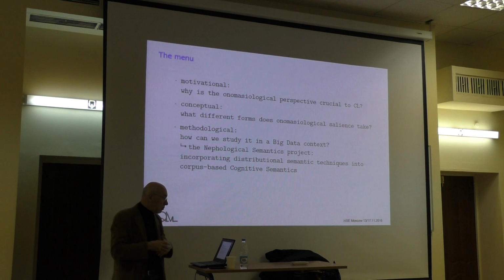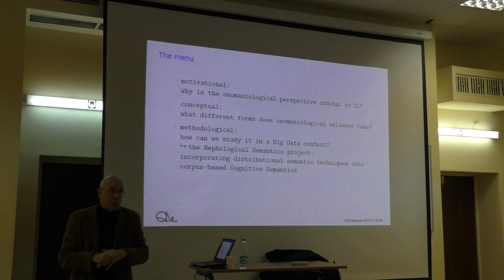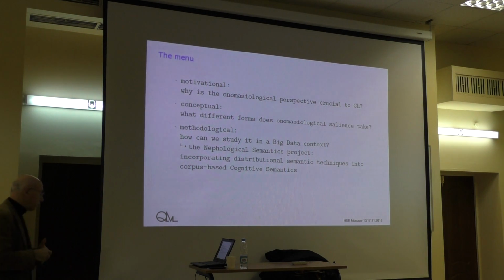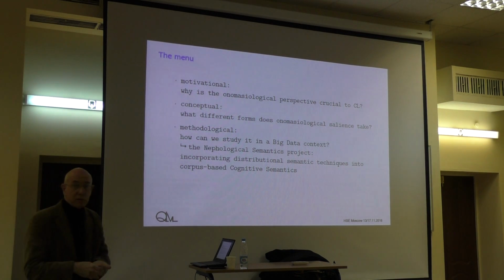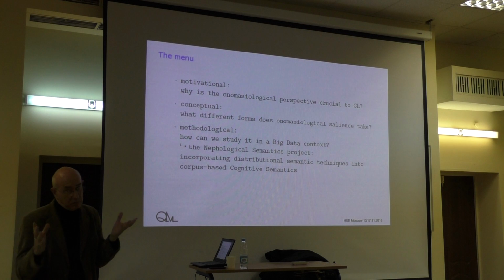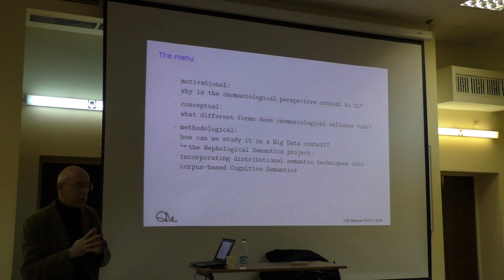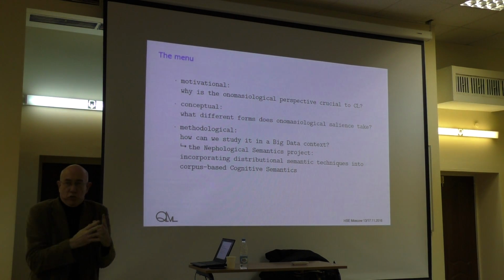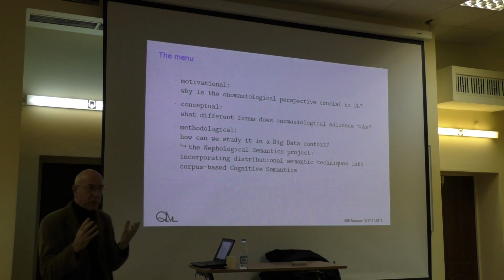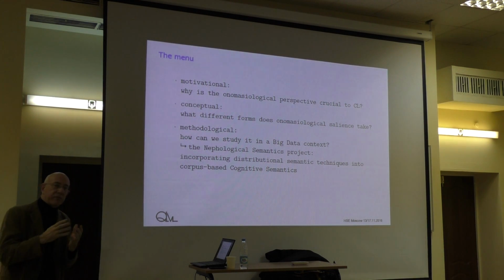So that's the second step, what different forms does it take? And then there's a methodological step, but I'm not going to develop that all that much. But one thing, of course, with the usage-based approach is that, at least when we're studying contemporary languages, we often have too much material. We're living in a big data environment.